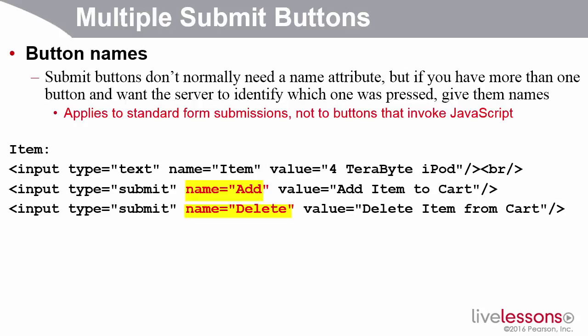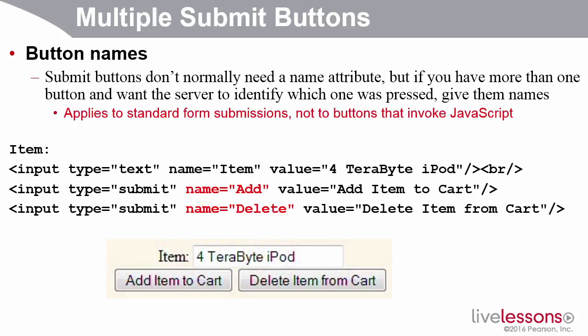The reason for doing that is that if you have those two buttons in the same form element, the add query parameter or the delete query parameter, the names that are provided, will be part of the data that gets sent to the server, and so the server can distinguish between the two buttons. But again, if you are sending data via JavaScript, no problem, because you attach a different JavaScript function to each of the buttons.